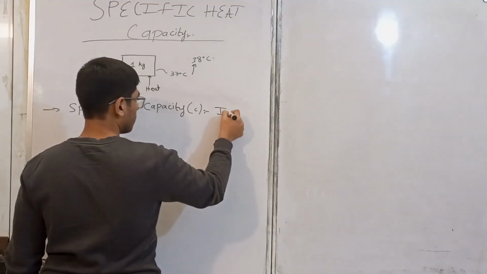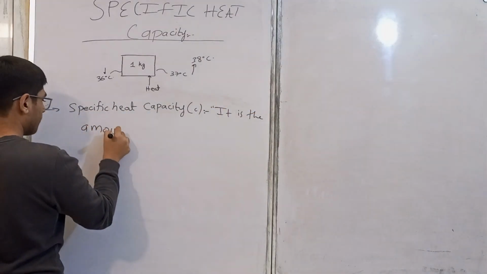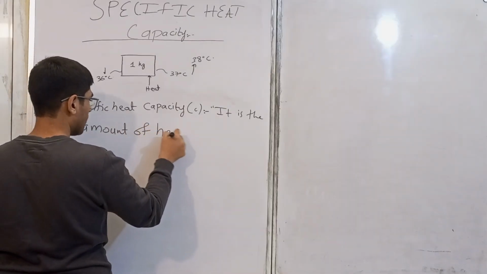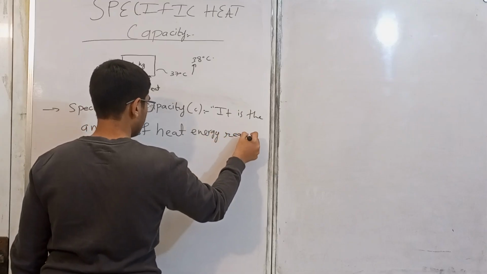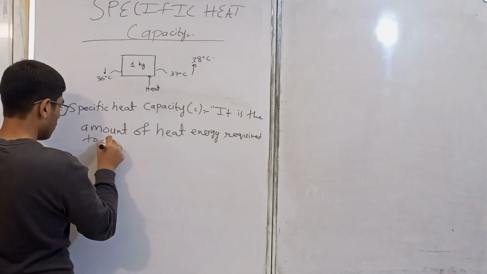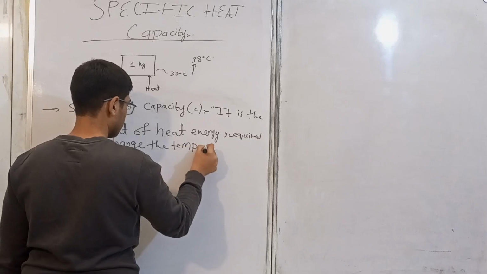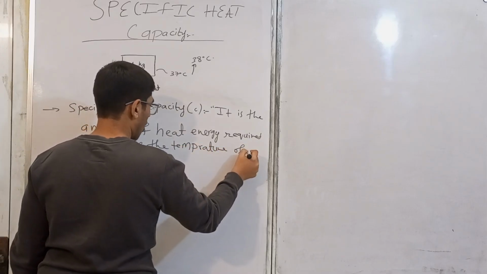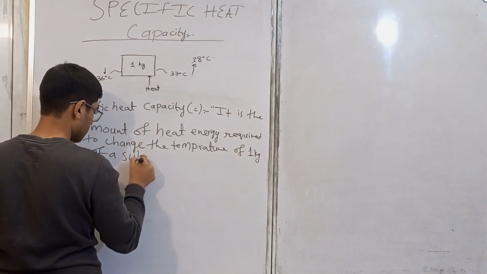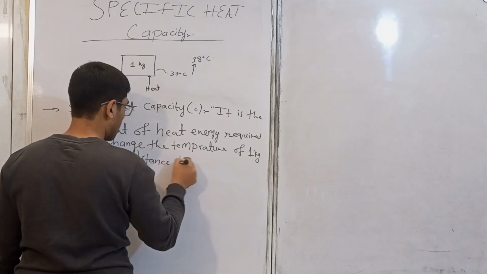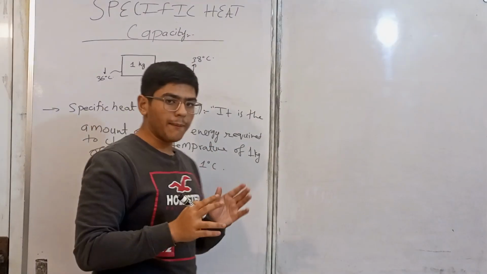So it is the amount of heat energy required to change the temperature of 1 kg of a substance by 1 degree Celsius.